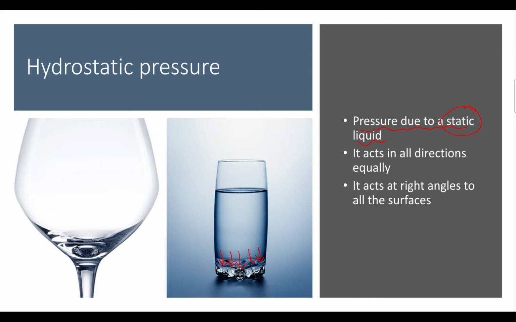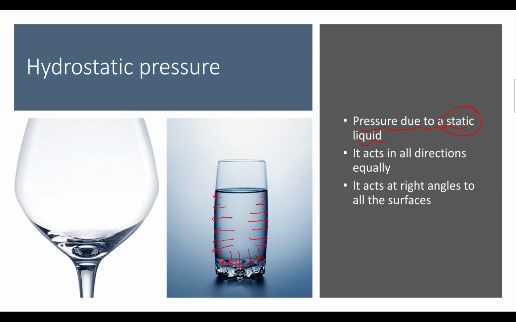Now you might be asking, what about on the sides, Venkat? Is the water exerting force on the side? Of course, my dear people, of course it's exerting some force, some pressure on the sides. And it says that it acts in all directions equally.